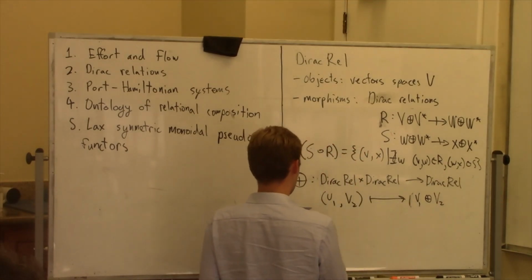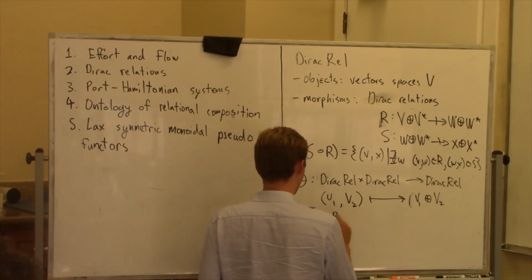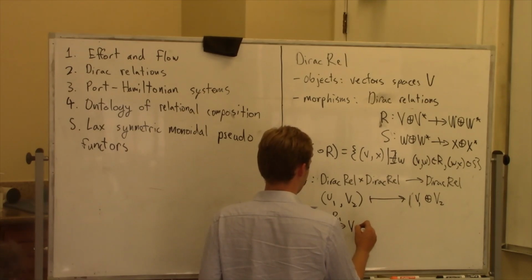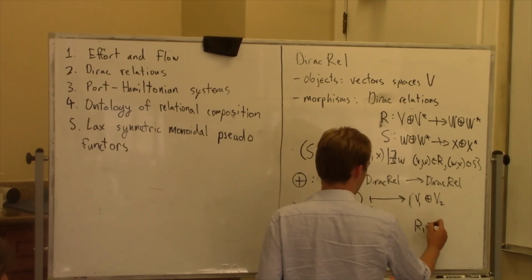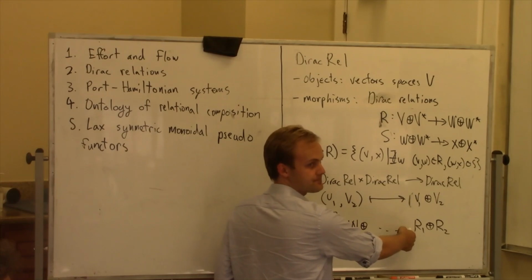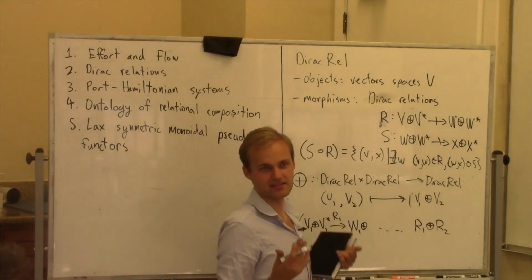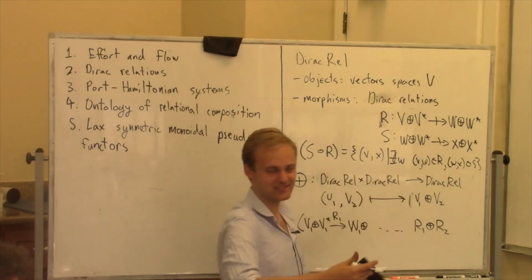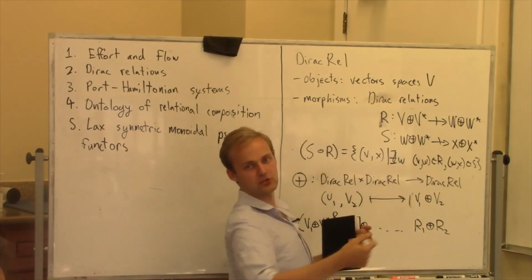And then if we have R1 and R2, basically you can just take R1 direct sum R2, because remember these are subspaces, so we can take their direct product as subspaces and get a subspace of the direct products. You have to sort of switch things around, but anyway, it makes sense, and it's sort of independent composition of relations.